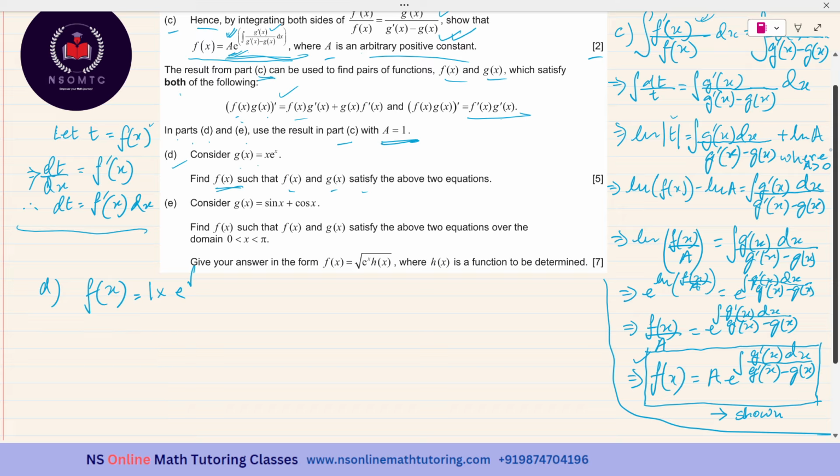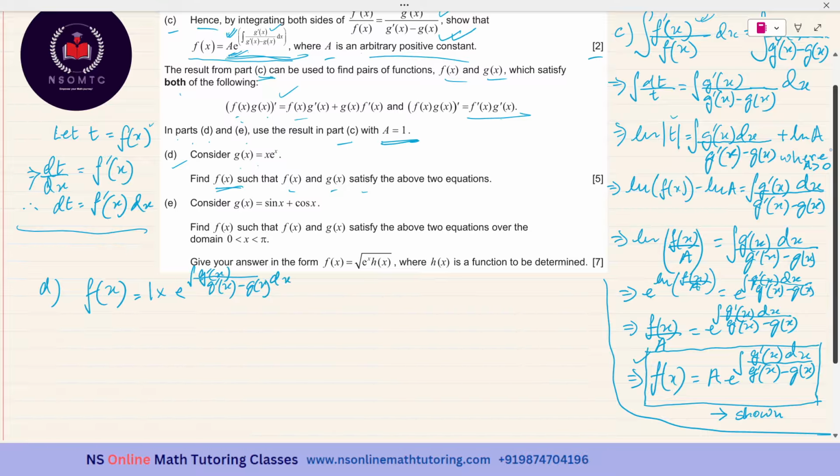Let me write g dash x first because I have not found the g dash x expression previously, minus g of x dx.